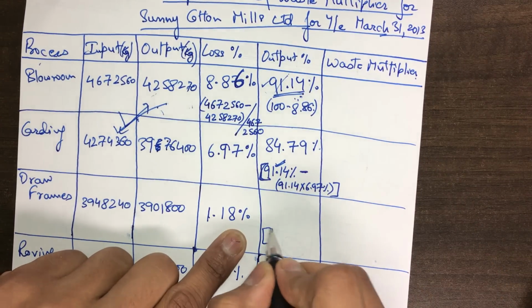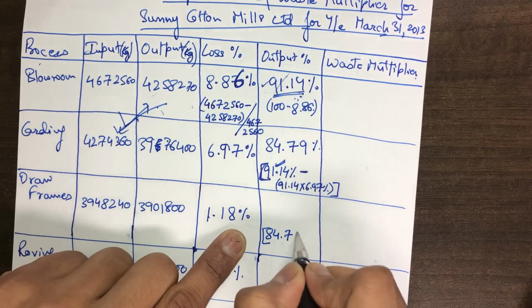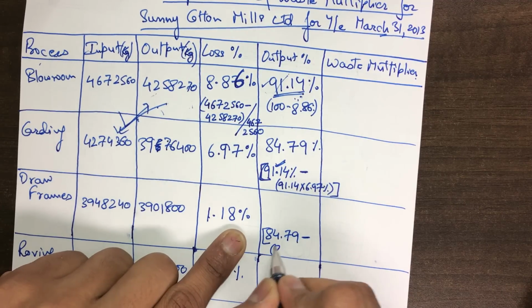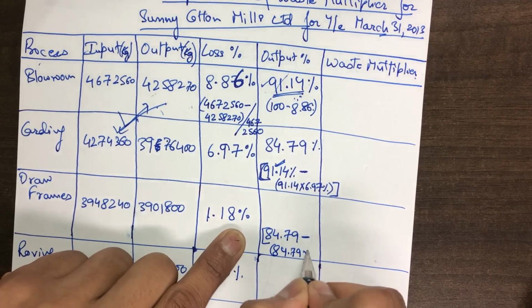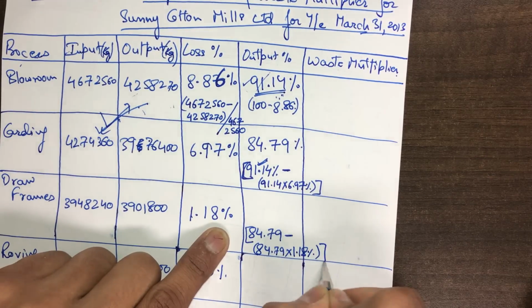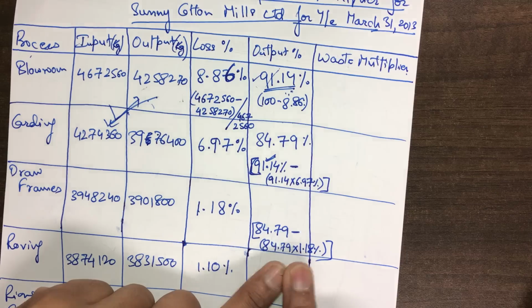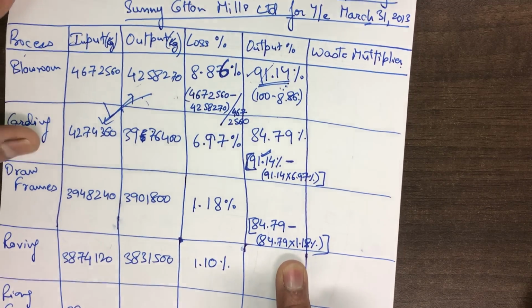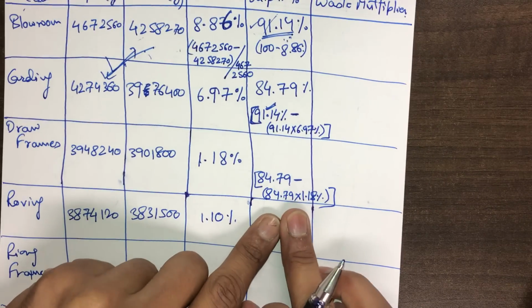Now I'll repeat the same method in the third process as well. 84.79 multiplied by 1.18%. Are you getting what I'm doing? Is it clear? Yes sir, it is clear.